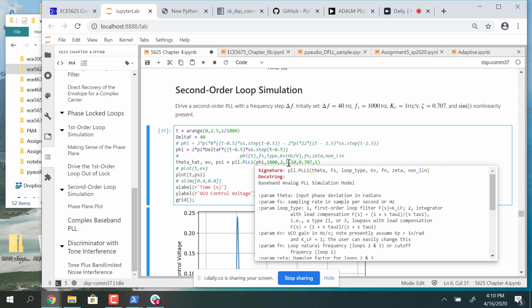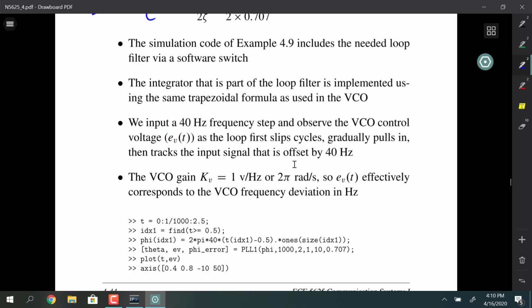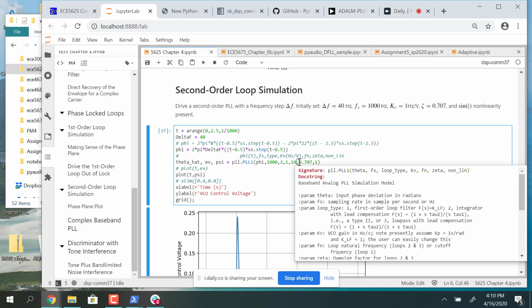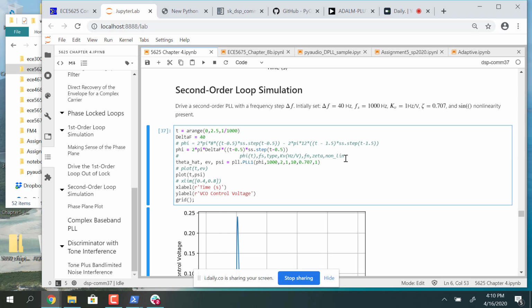So I'll set K_V equal to 1, and then the next input is the natural frequency Fn, which is omega n divided by 2 pi, so that's 10. That's exactly what I wanted in this problem. And then the next parameter is the damping zeta, and then whether I want linear or nonlinear. We were using the same function moments ago, but we had this argument set to 1 for the first order loop.